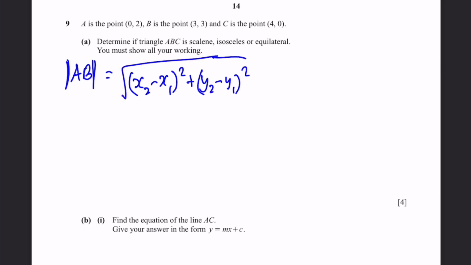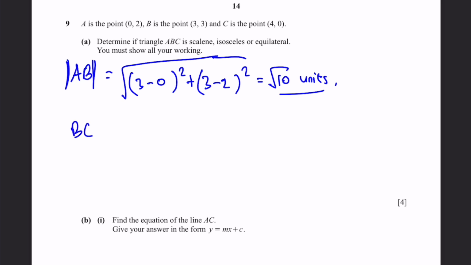And we can just substitute values. So the x2 and x1 is 3 minus 0, y2 and y1 is just 3 minus 2. So this is 3 squared, which is 9. This is 1 squared, which is 1. 9 plus 1 is 10. So AB is root 10 units. Let's not simplify. This is easier if we don't.